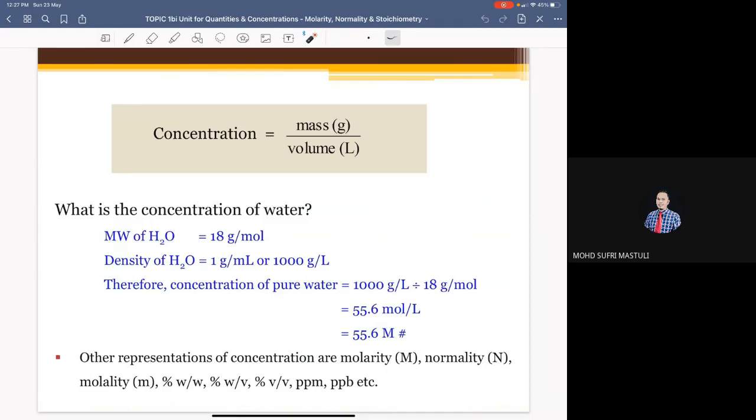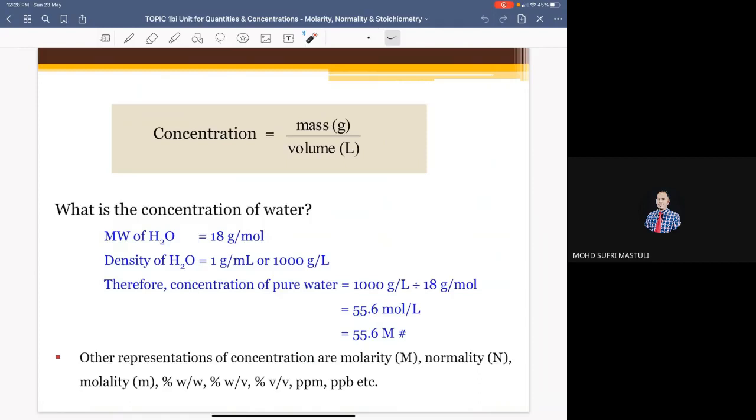So this is the formula to calculate the concentration. Concentration is the mass of solute in gram over volume of solvent in liter. So what is the concentration of water? We know the molecular mass of water is 18 gram per mole, which can be calculated using the periodic table.